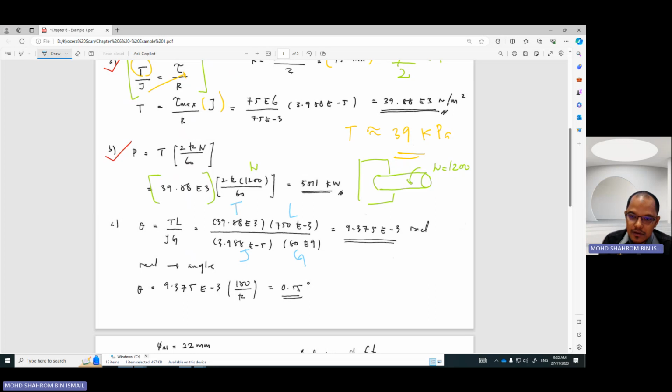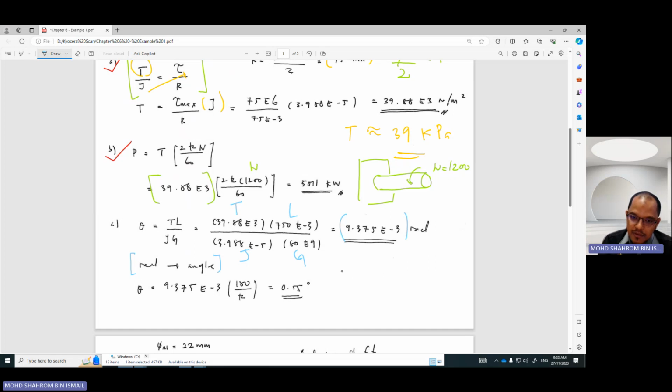Therefore, the radian or the angle of twist is about 9.375 power of -3 radian. Okay, and then a standard formulation from radian to angle. You have to multiply it by 180 divided by pi. So therefore, you got like 0.55 degree.